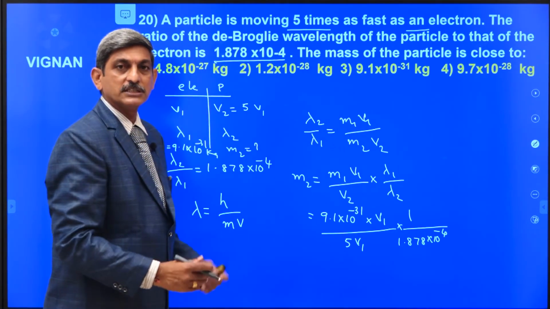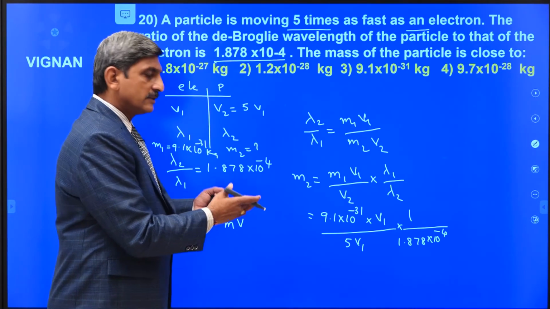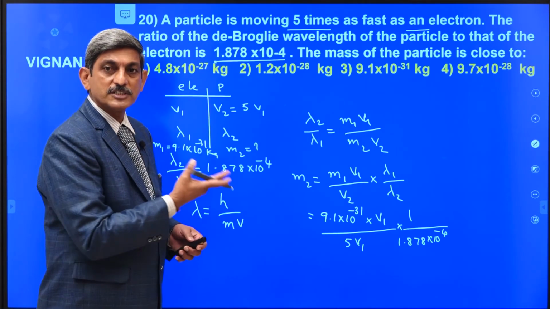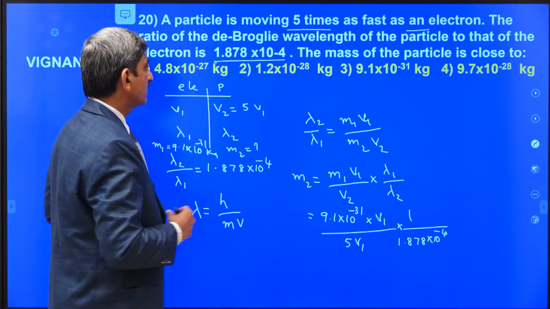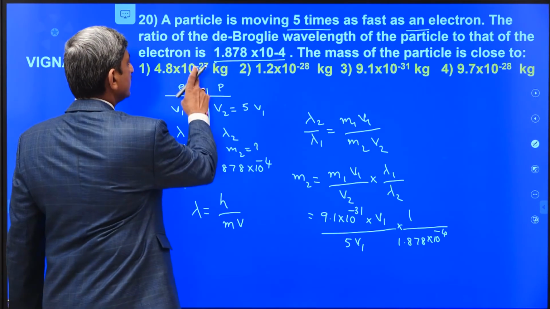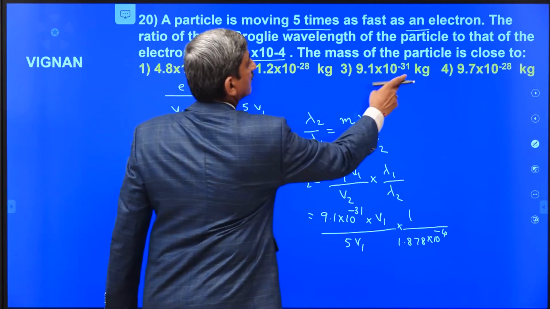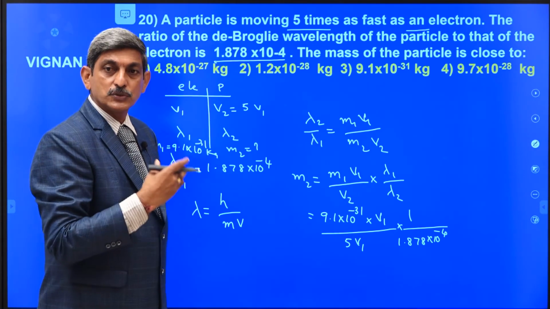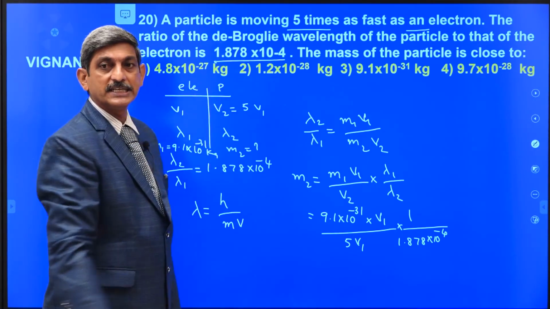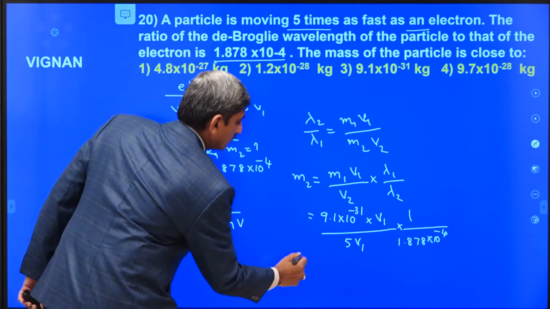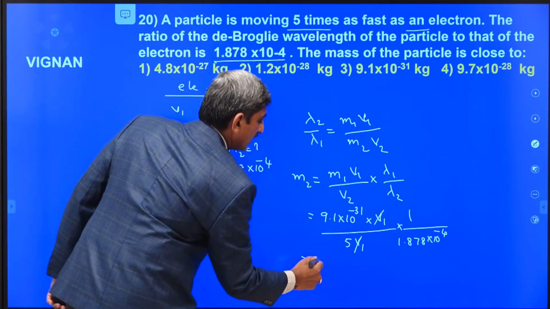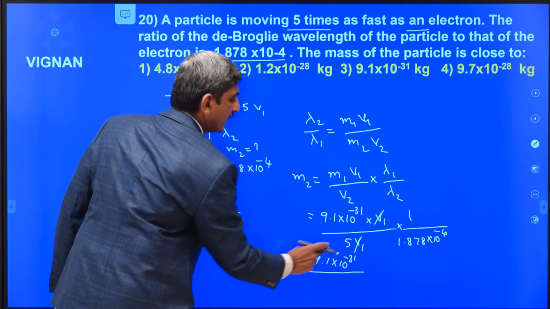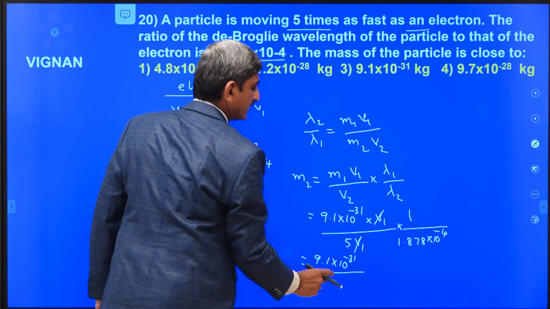When you see this equation, it contains numerical values which are not possible to simplify exactly, but in the examination, we have to simplify in a short span of time. For that, don't go for the exact values. Just see the powers, 10 to the power of 27, 28, 31, minus 28, like that. Now identify the solution which is nearest to the given powers of the options. Now, this v1 cancelled, and this is 9.1 into 10 to the power of minus 31 divided by 5 into 1.878.